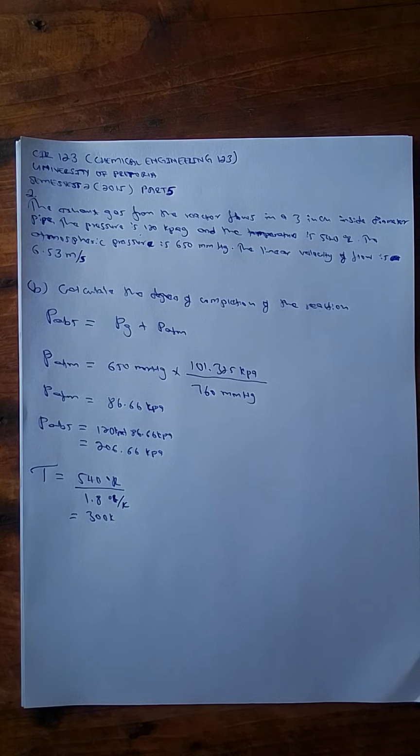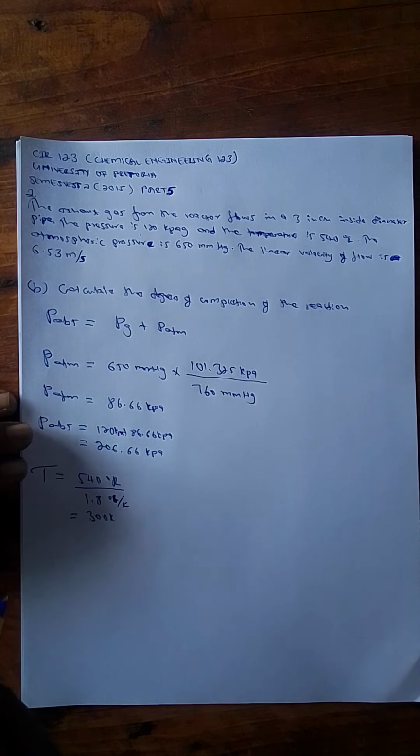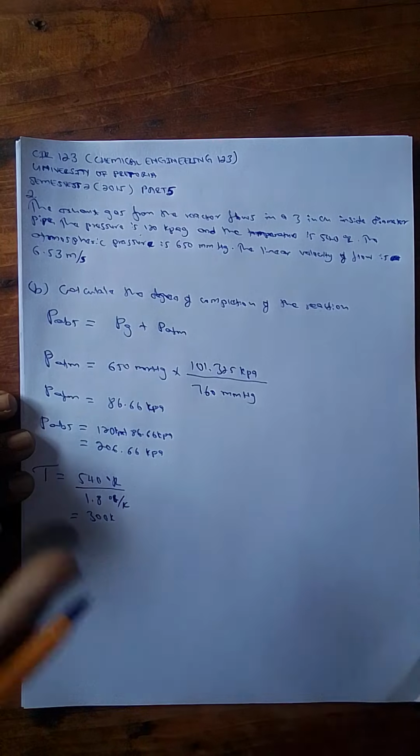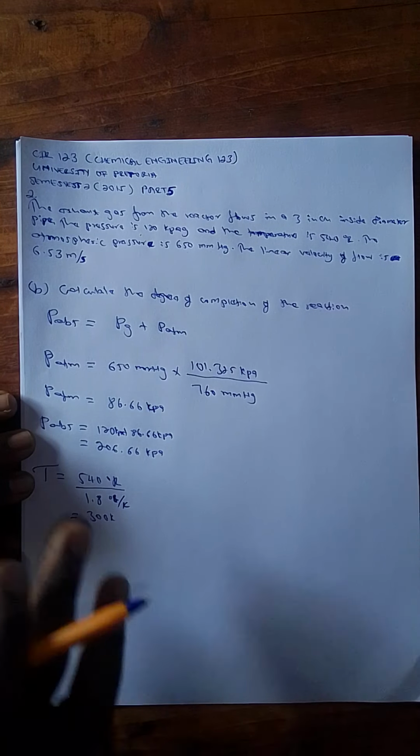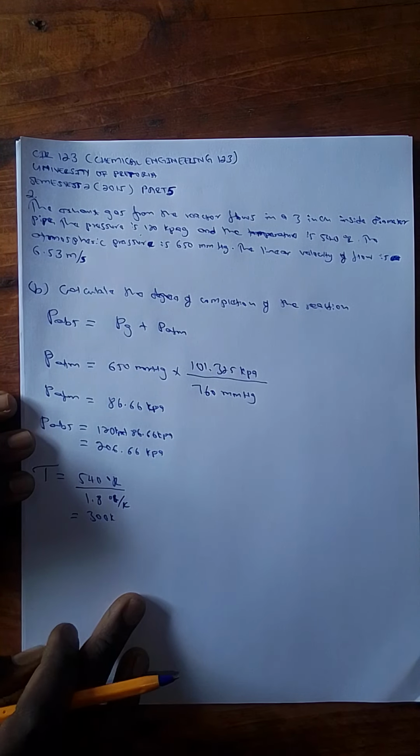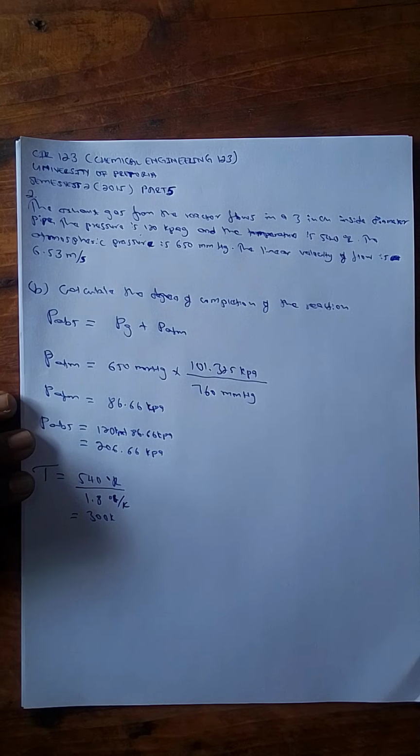Before I go there, let me bring a little bit more light into why we are doing this. Remember, we need the mole analysis of the exhaust gas, and at this moment we don't have much information.